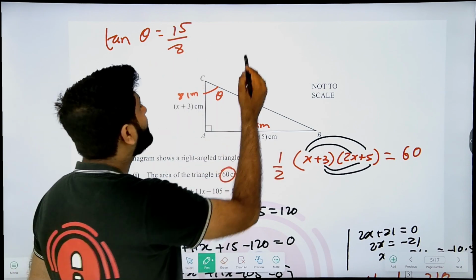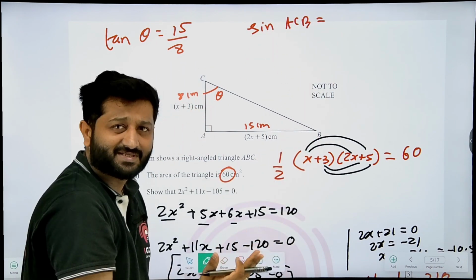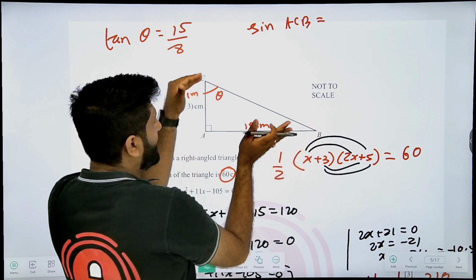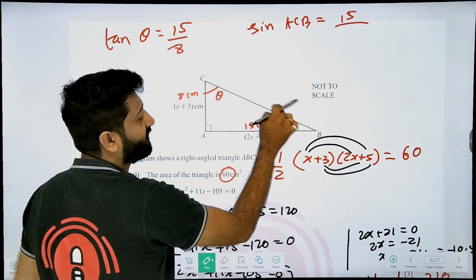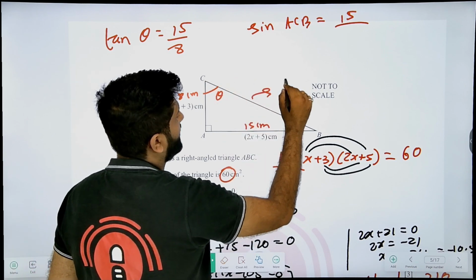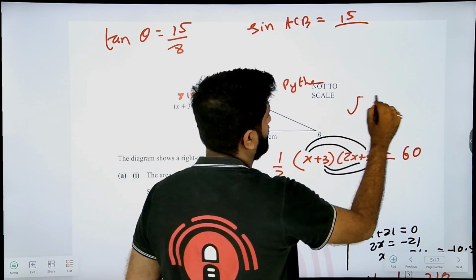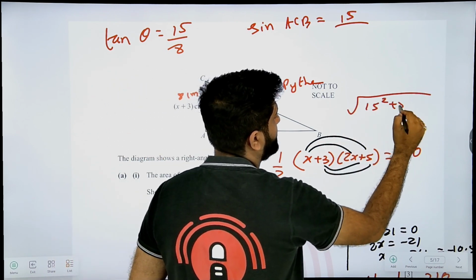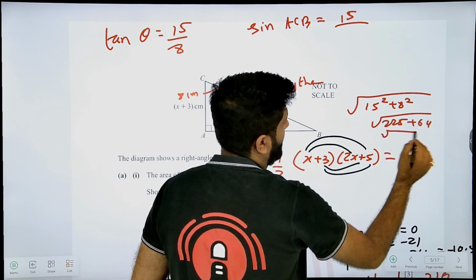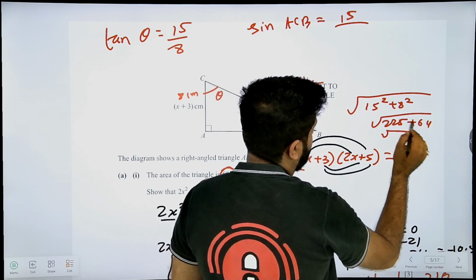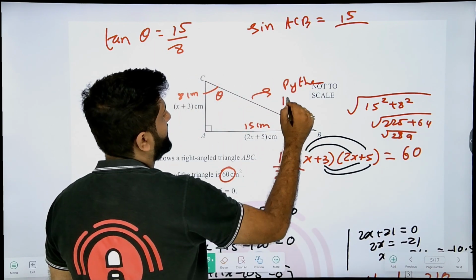They could have also asked you sine of angle ACB. Now guys, sine is what? Sine is nothing but opposite over hypotenuse. So the opposite is 15 and I'll have to find hypotenuse using Pythagoras theorem. I can easily find it, which is nothing but root of 15 square plus 8 square, which is root of 225 plus 64, and that is root of 289, so that is 17.